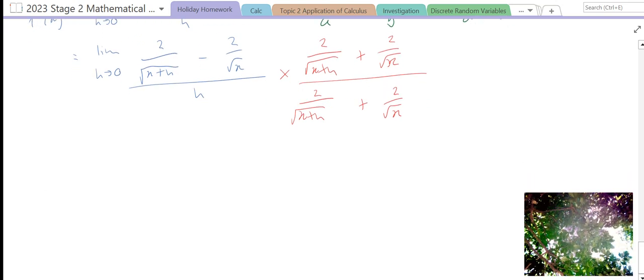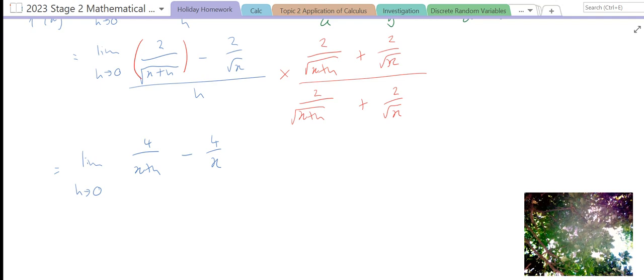Alright, so limit as h approaches 0. A squared take b squared. Alright, so the first one squared is going to be 4 over x plus h. Take the second one squared is 4 over x. I'm hoping you're happy. You see, if this all gets squared, the top gets squared to 4, the bottom gets squared again, and the root is there.